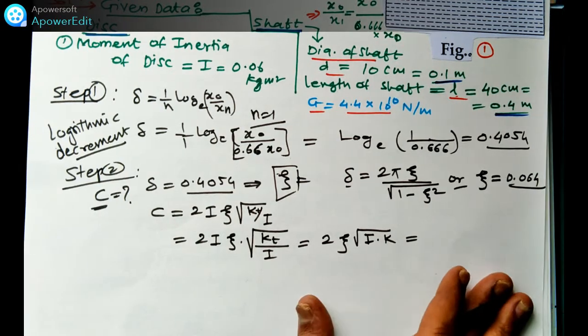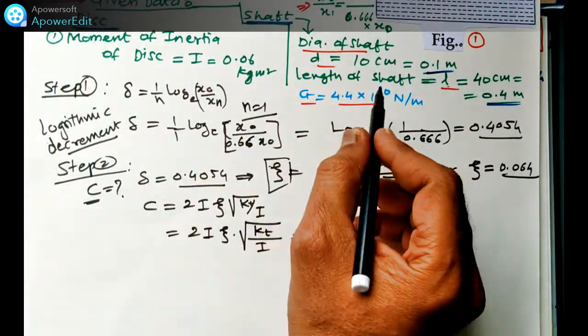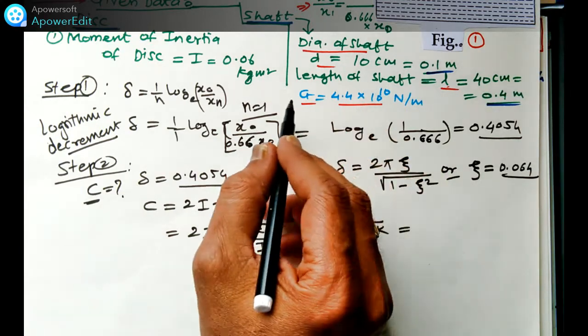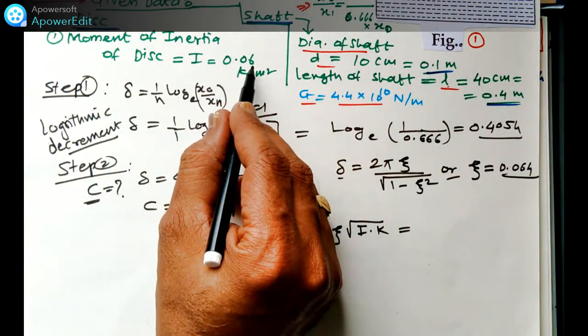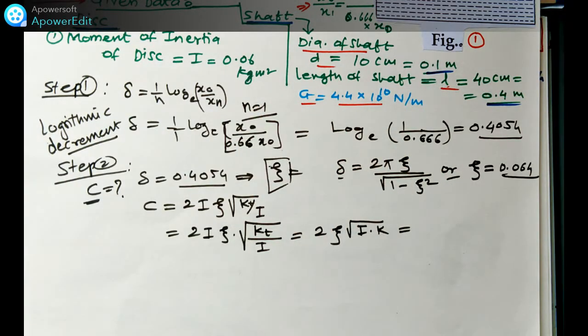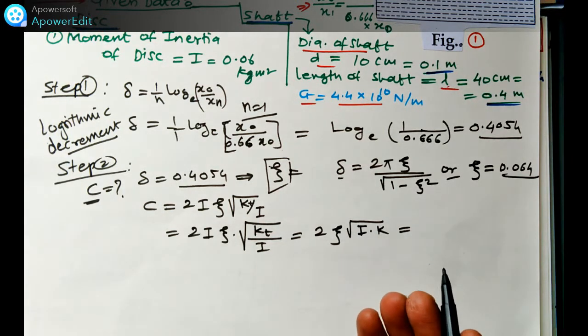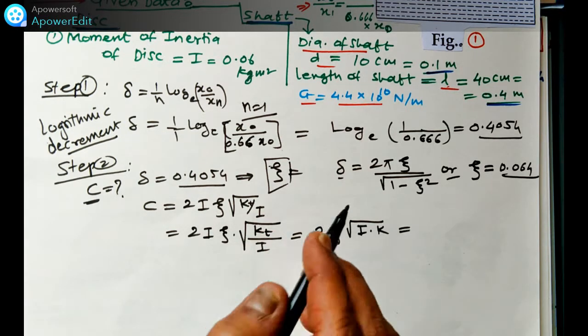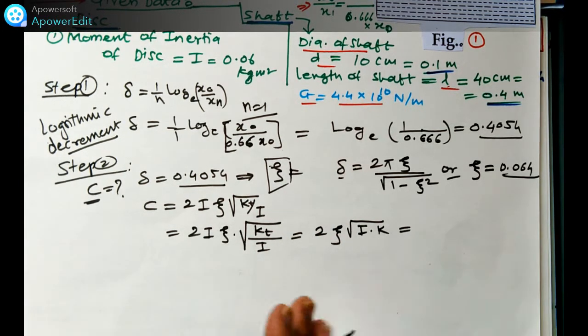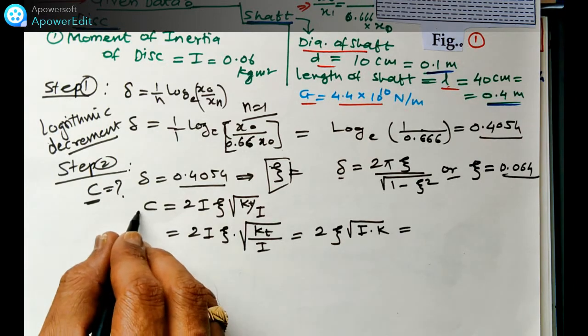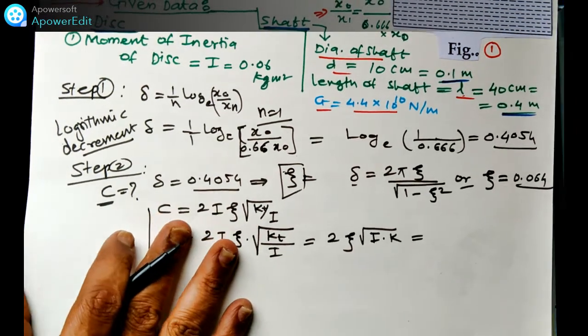So putting in these values: I we know. Here the value of I is given to you, this one 0.06, and the value of k we don't know. So from this also we can find out the value of k. To find the value of k, I will write here on the side.